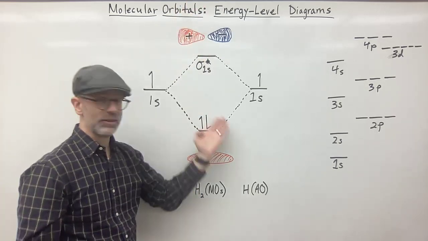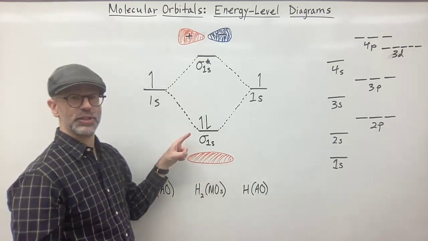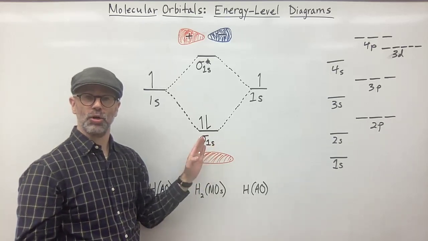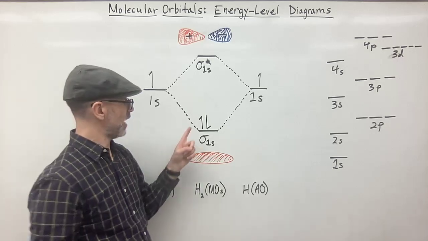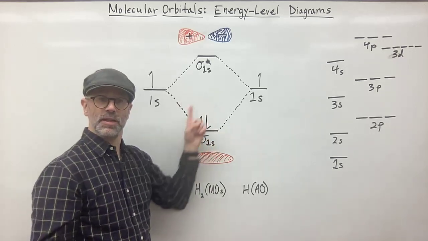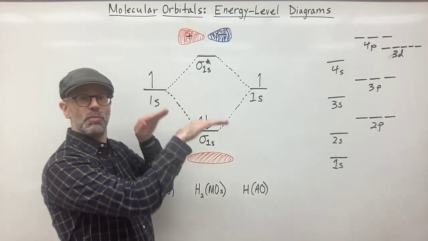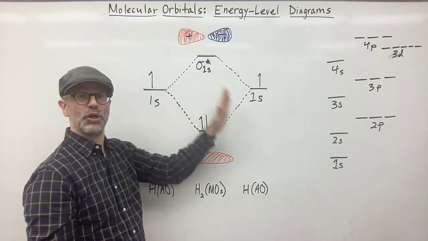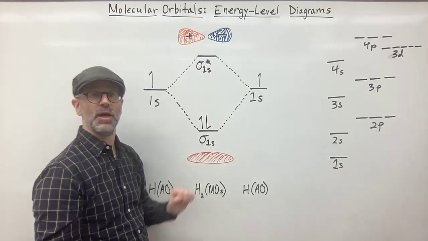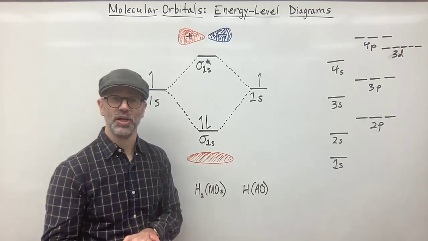We're going to start at the lowest energy levels first, the Aufbau principle, and we're going to fill in each molecular orbital with two electrons at most, and they have to have opposite spin. That's the Pauli exclusion principle. And if you have two molecular orbitals at the same energy level, then you would fill in one at a time before pairing them up with electrons, thus using Hund's rule.